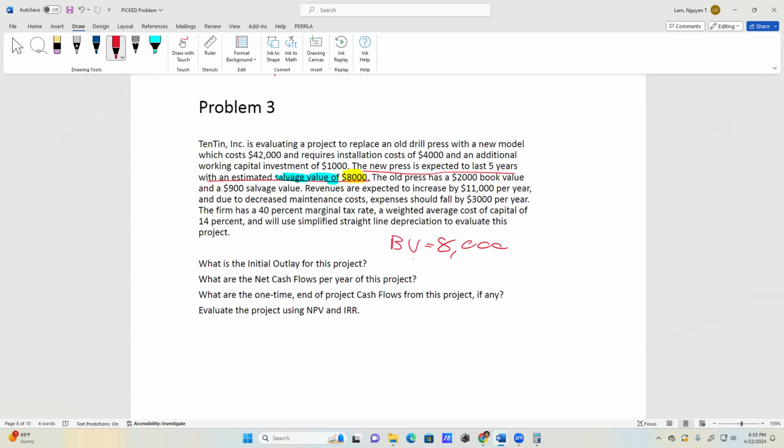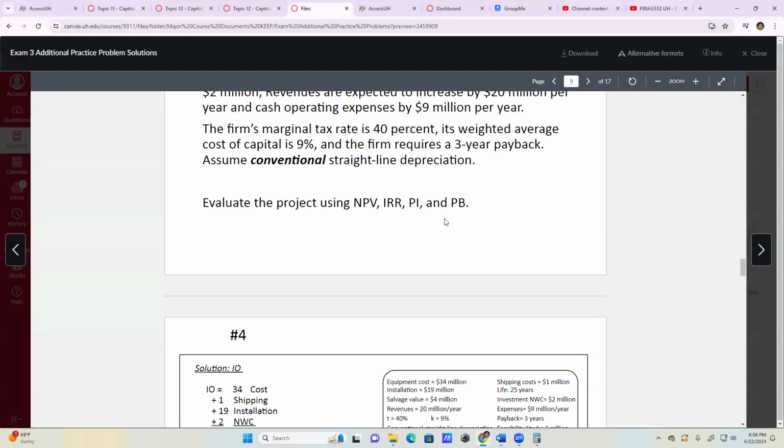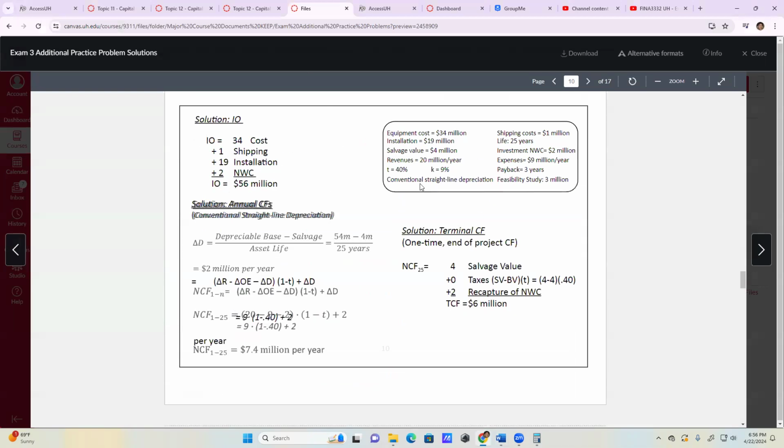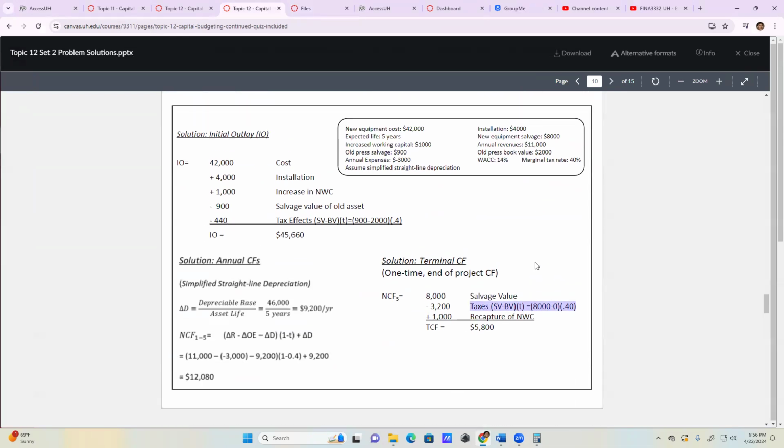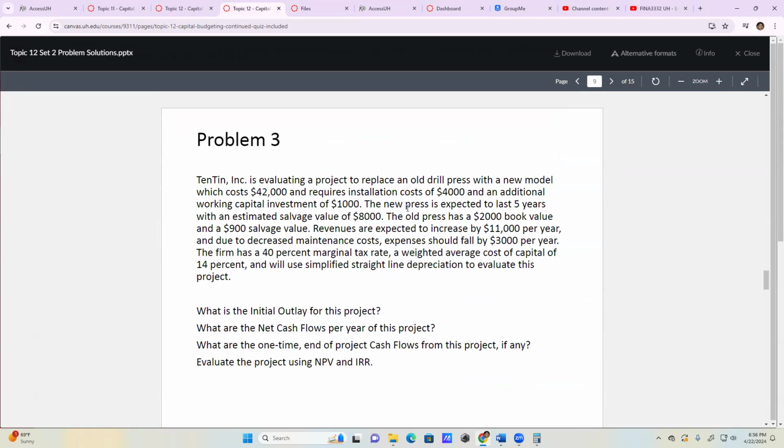However, I think that thinking is wrong. I have to think of the reason why and get back to you guys, because the answer to this problem is right here. The answer is 8,000 subtract 0. So the book value is 0.